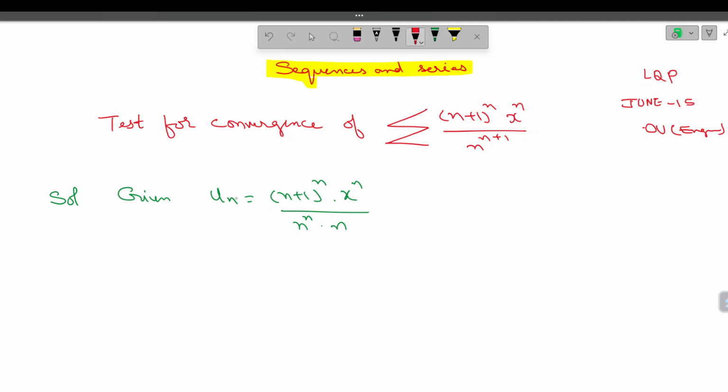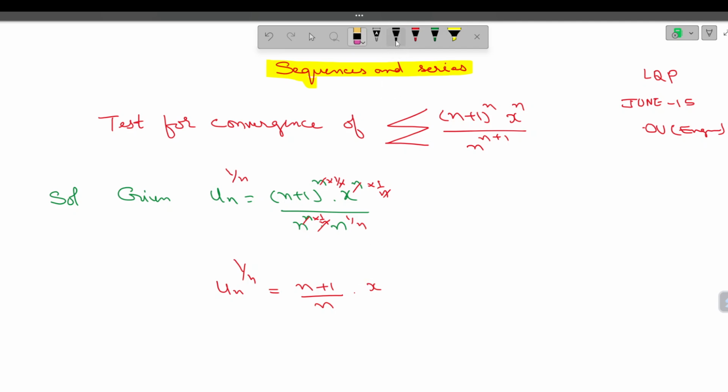What the Cauchy root test says: wherever u_n is there, write 1 by n as the power. So u_n to the power of 1 by n equals, this cancels, you are left with n plus 1; this n cancels, x to the power of n cancels, so only x.